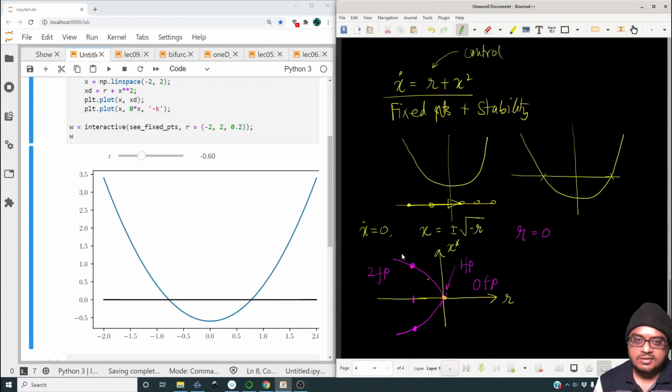Therefore, we say that the system has suffered bifurcation at r equal to 0, and the r critical is equal to 0. This kind of behavior is called bifurcation, because by changing r, we are changing the fundamental characteristic of the equation. So this occurrence is called saddle node bifurcation.